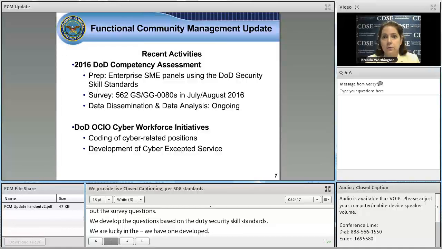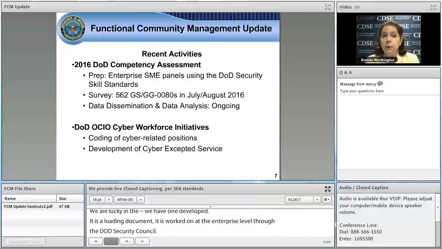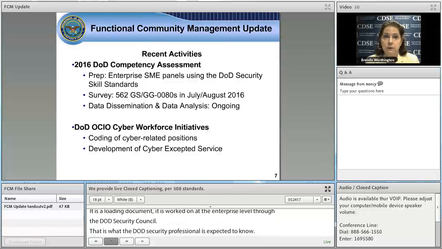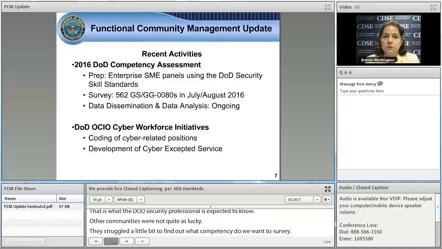And that is what the DoD civilian security professional is expected to know. Other communities weren't quite as lucky. They didn't have skills standards already established, so they struggled a little bit to find out what competencies they wanted to survey. Like I said, this is a living document, and I believe we're on version 9. So we used those to develop the survey.